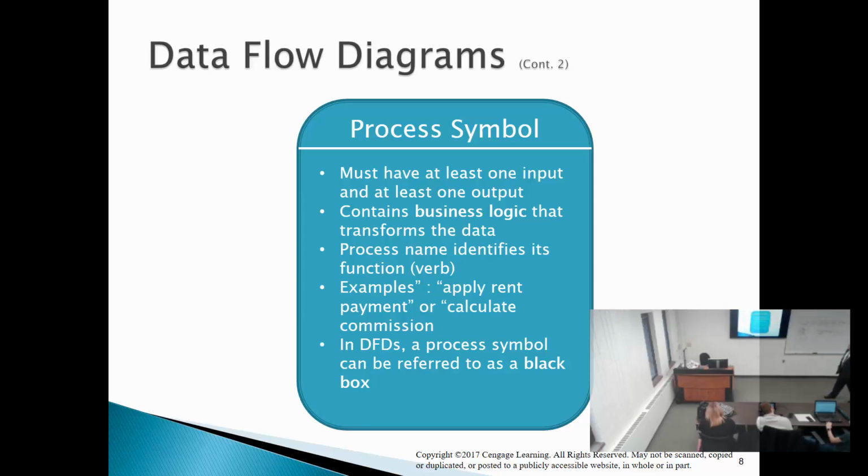Okay, so here are fun things about process symbols. We must have at least one input and at least one output. So if we have a process that doesn't have an input, what would we call that?